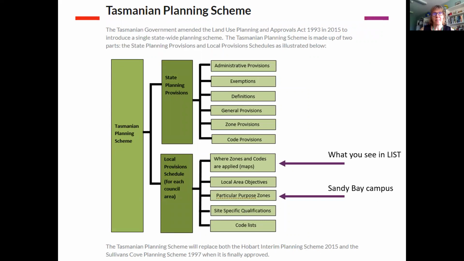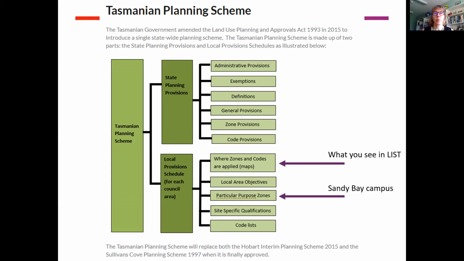So in Tassie, this is how the Tasmanian planning scheme is set up. It changed a couple of years ago to try to bring some consistency to what was 31 planning schemes. So some local government areas had more than one planning scheme, 29 local councils.